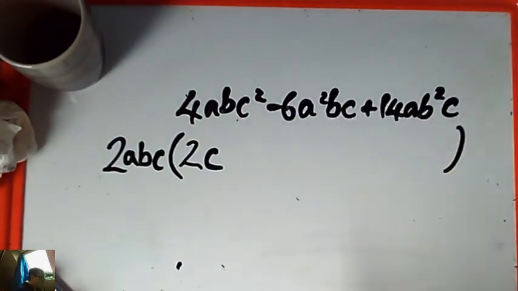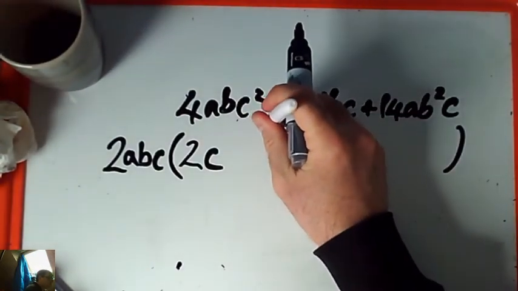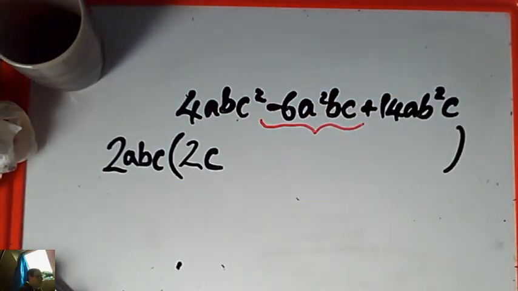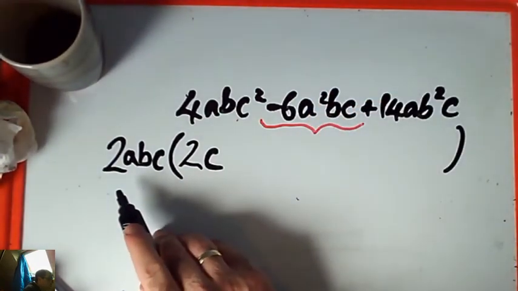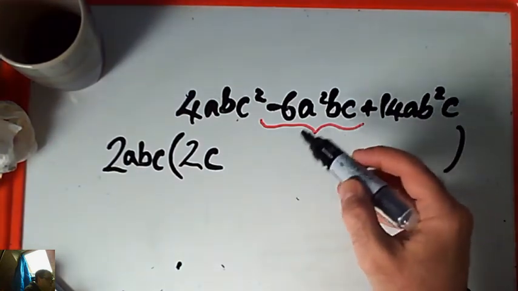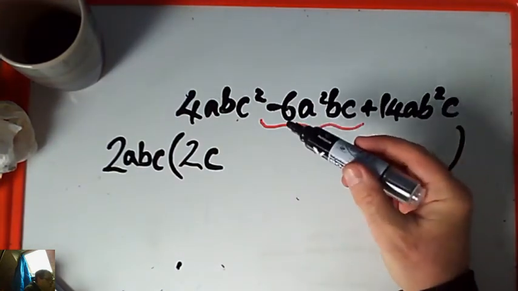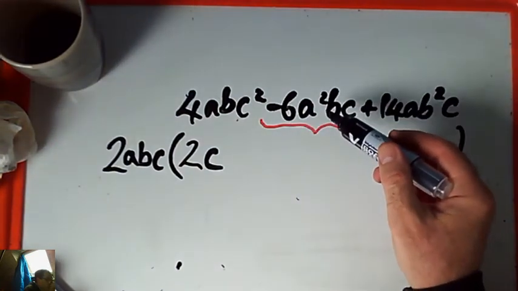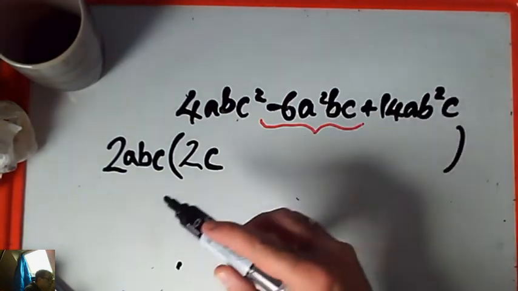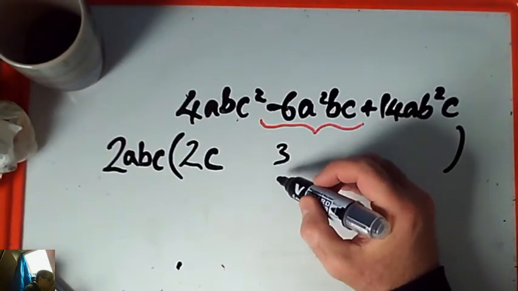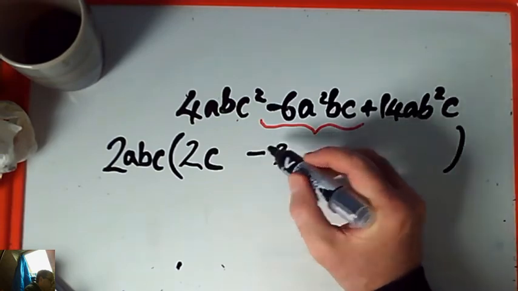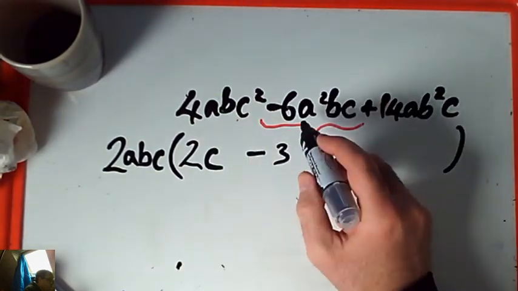Okay, next thing. Remember this is a minus. So 2abc times what inside the brackets will give me minus 6a squared bc. Okay, so 2 times 3 would give me the 6. 2 times minus 3 will give me the minus 6.